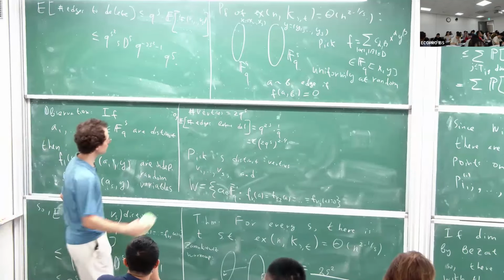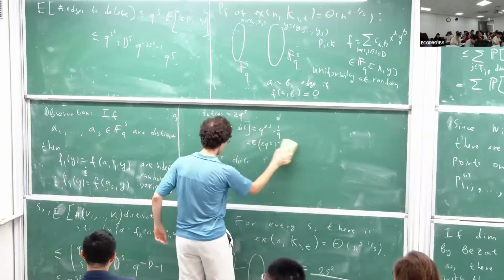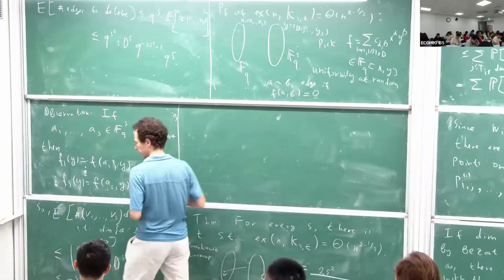And the reason they are independent random variables is that remark which we made last lecture.